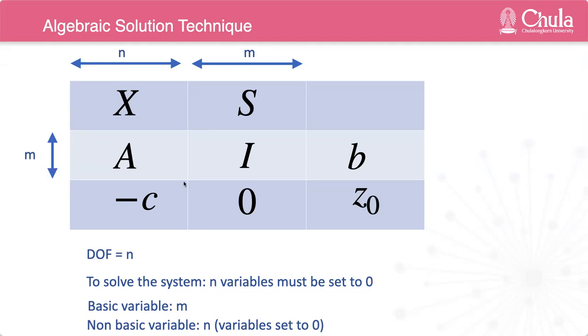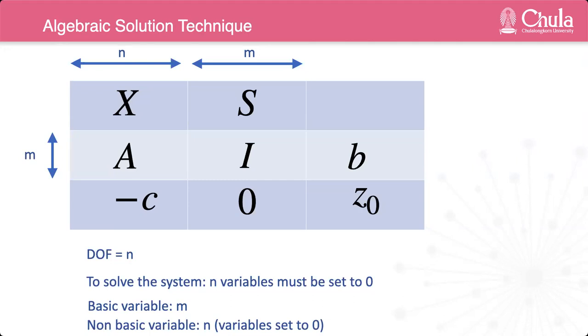Each constraint. The degree of freedom is the number of variables we have subtract by the relationships we have. We have m relationships, right? M constraints. So it is n plus m subtract by m, right? M cancels out. So the degree of freedom becomes n.